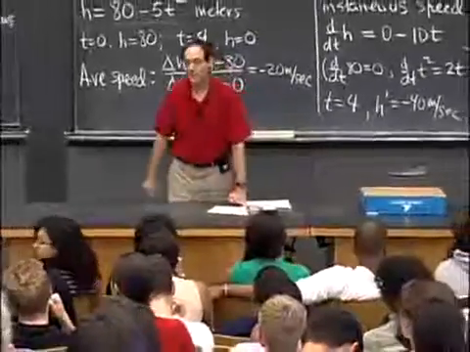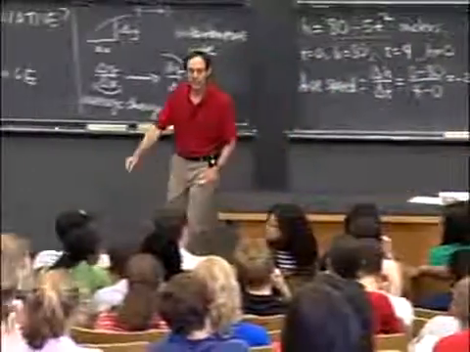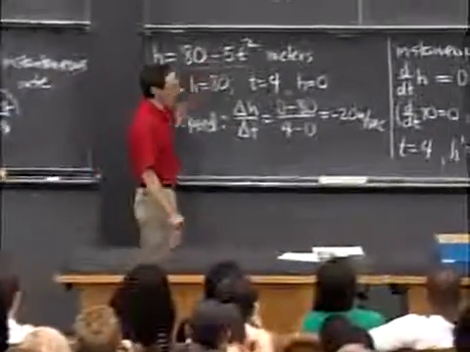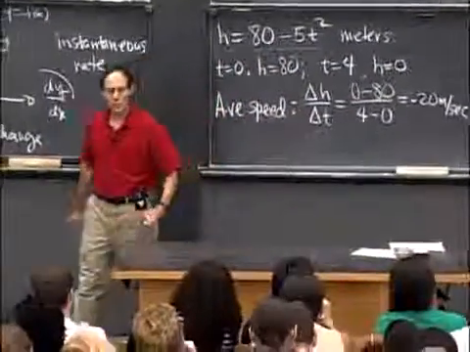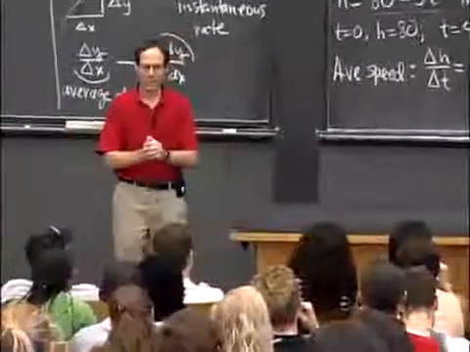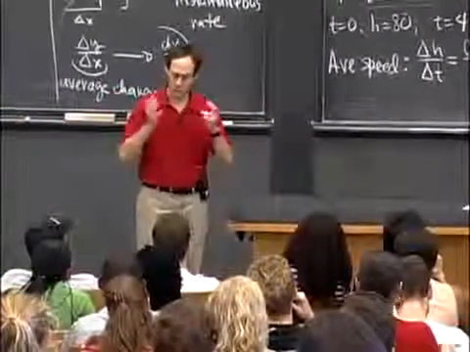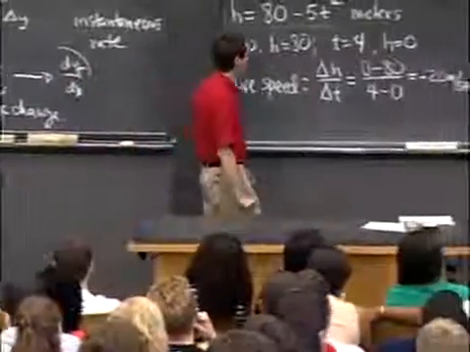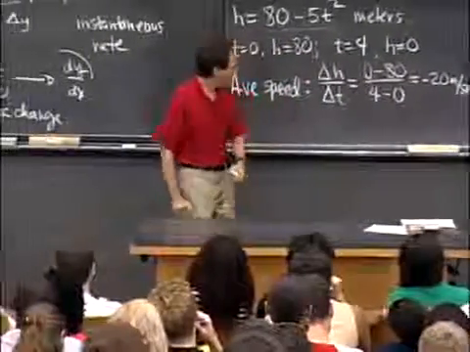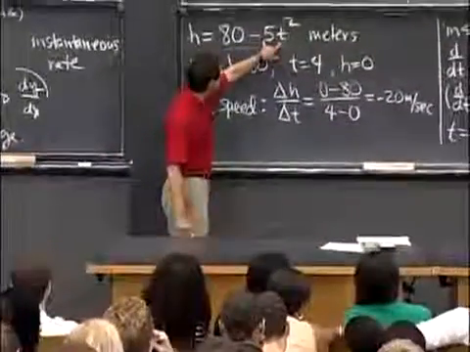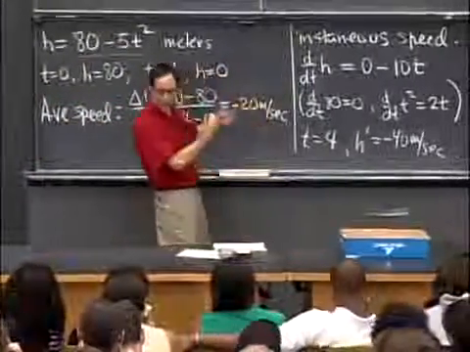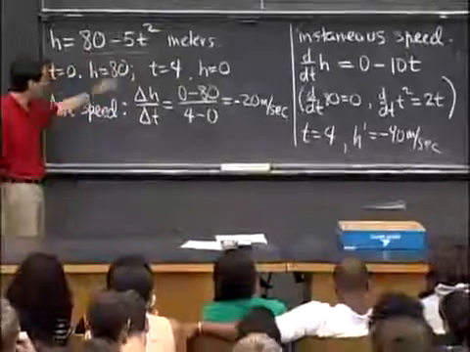Yeah? How did you get the equation for height? Good question. The question was, how did I get this equation for height? I just made it up because it's the formula from physics that you will learn when you take 801. It has to do with the fact that this is speed, and if you differentiate another time, you get acceleration.